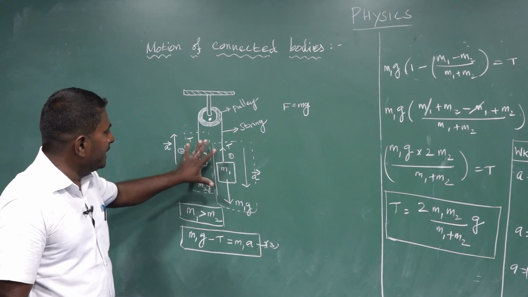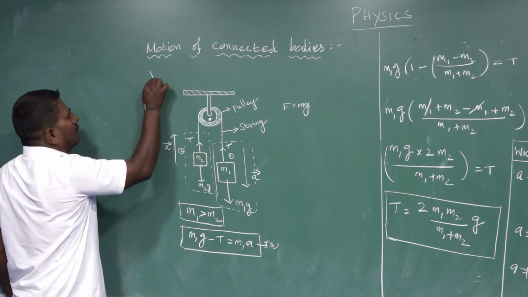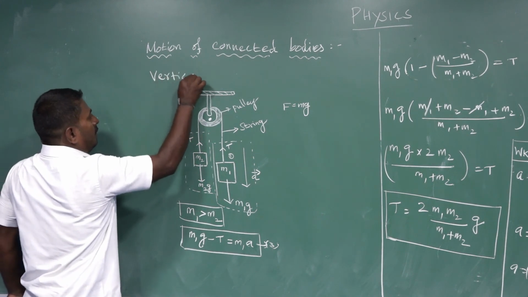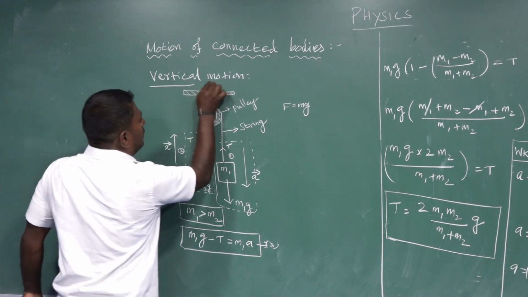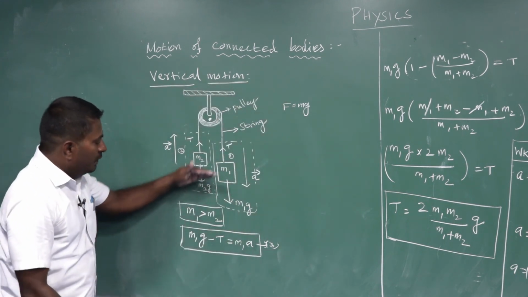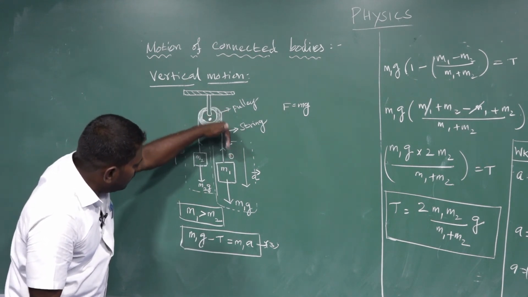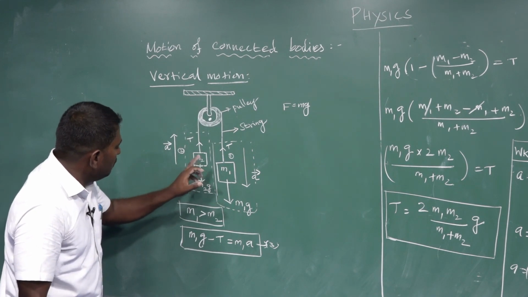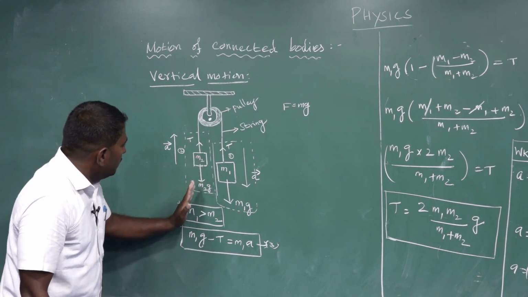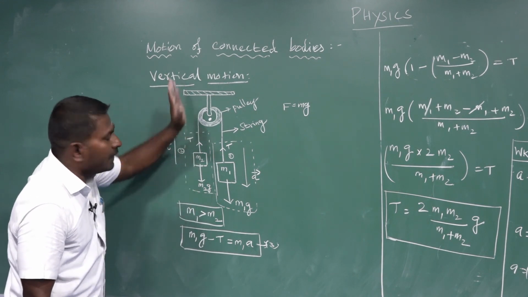This kind of motion is called vertical motion of the blocks. If the m1 block accelerates in the vertically downward direction, that is vertical motion. The m2 block accelerates in the vertically upward direction, which is also vertical motion.